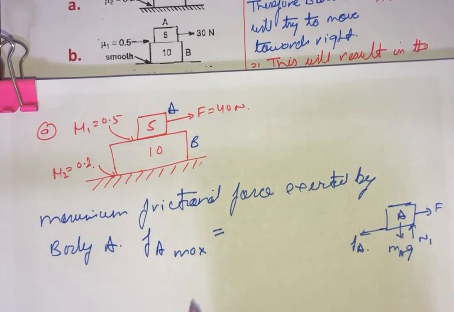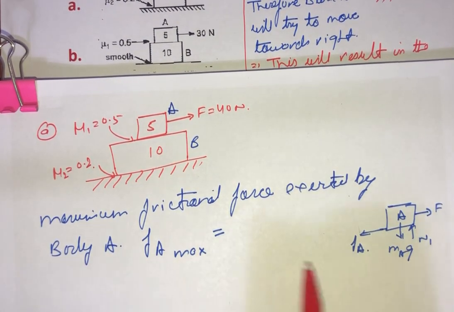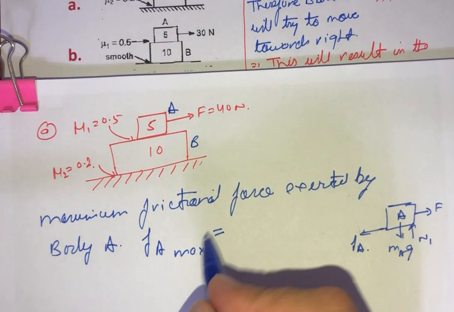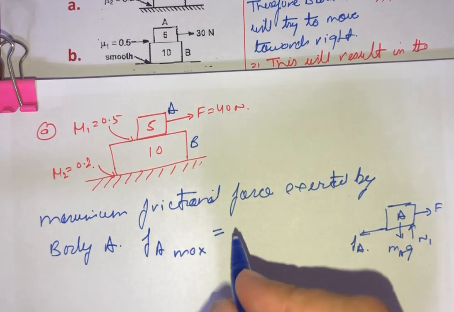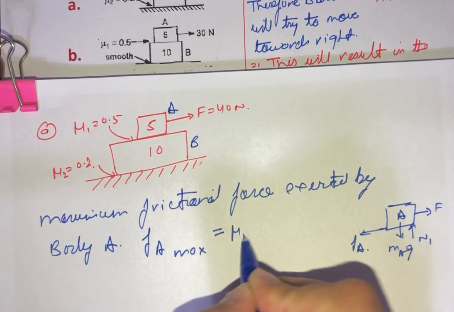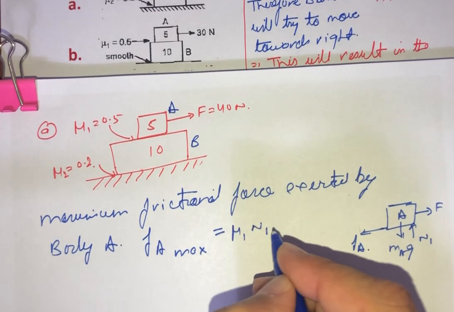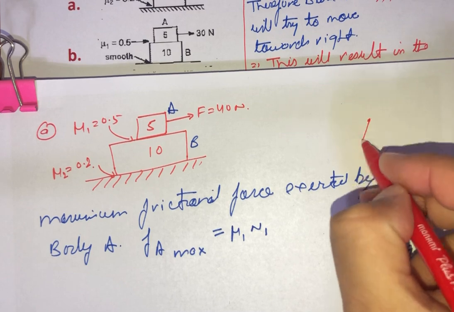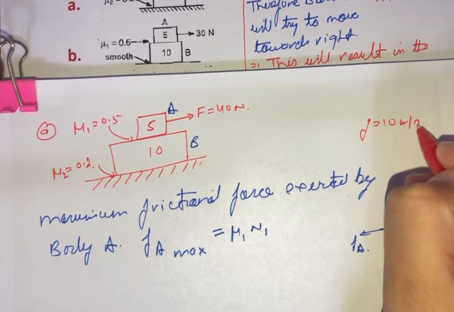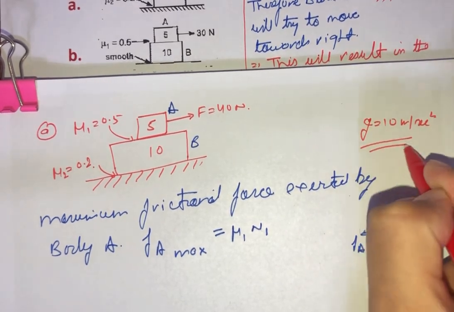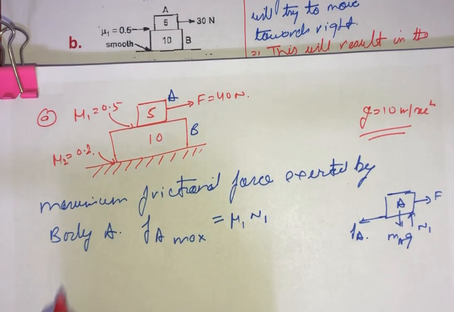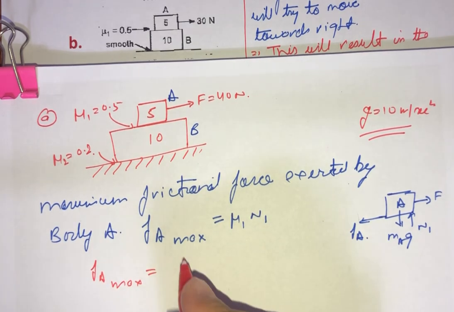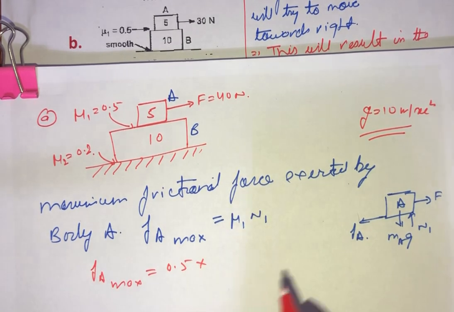So we can say that FA max will be equal to the maximum value of the frictional force of block A. FA max will be equal to mu1 into N1, and if we take g as 10 meter per second square, you can say that FA max will be equal to 0.5 into N1.